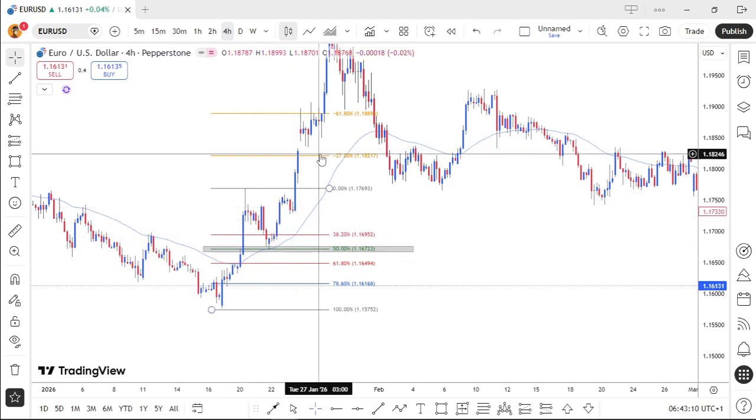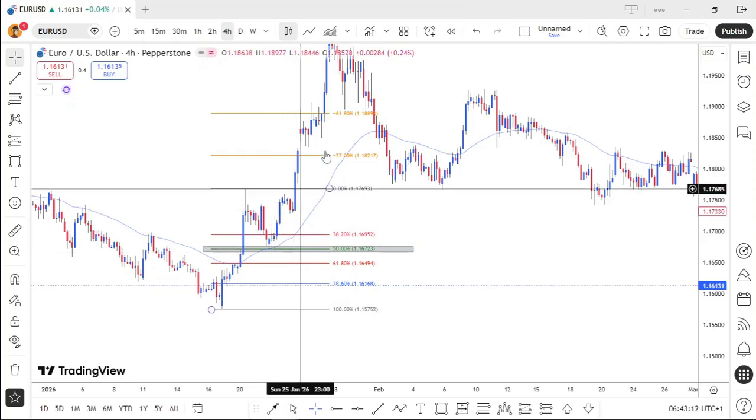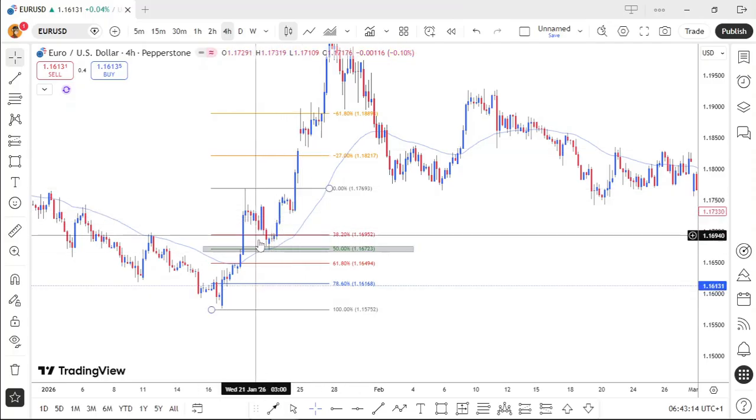The market has already pulled back and wants to resume the original movement.